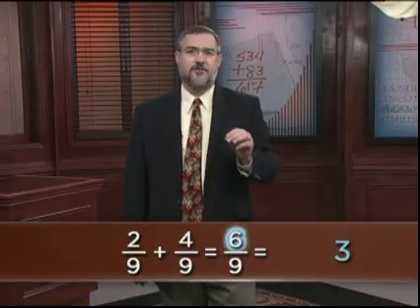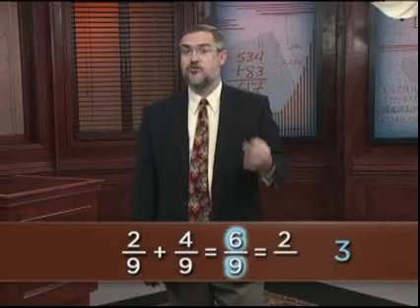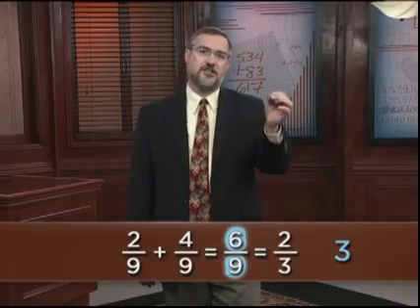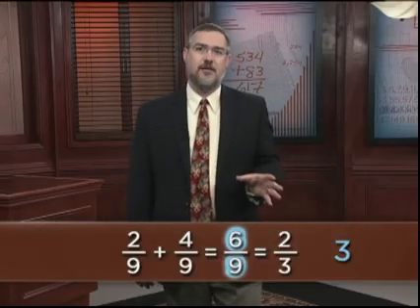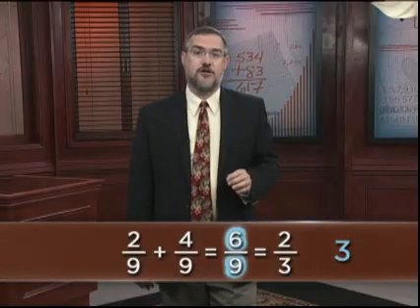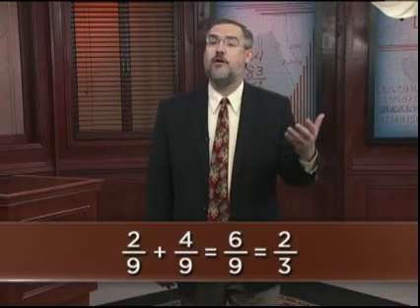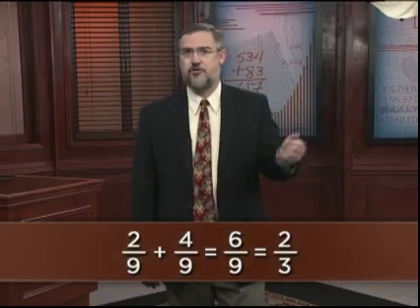Now, since 6 divided by 3 equals 2 and 9 divided by 3 equals 3, I know that 6 over 9 is the same as 2 over 3 once I've canceled out those 3's in both the numerator and the denominator. And so 6 over 9 is equivalent to 2 over 3, or 2/3 if you will.